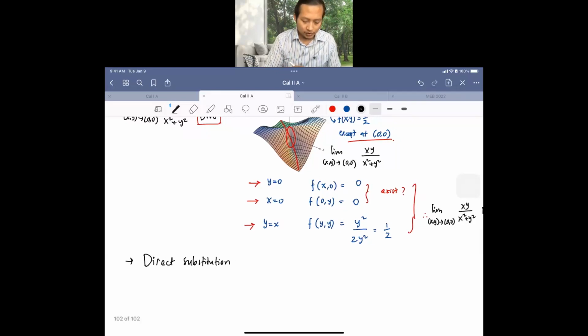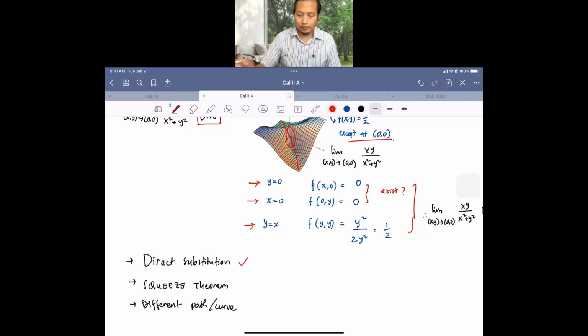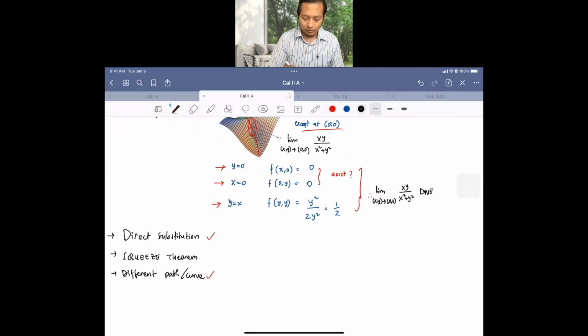We can also check the squeeze theorem, and we can check a different path or curve. I think direct substitution and the curve will be easy to analyze. So let me go through an example.